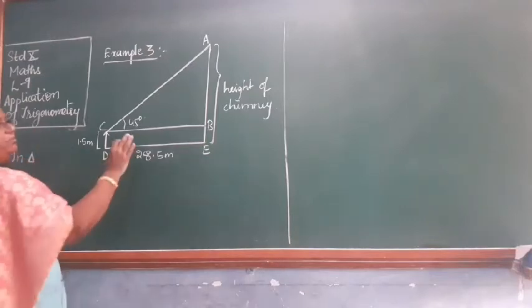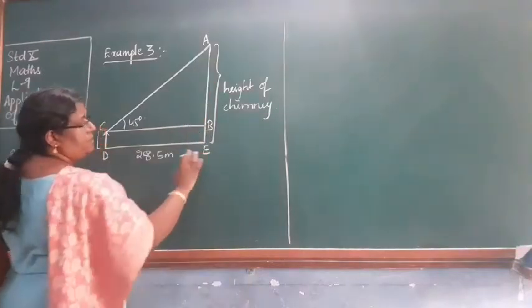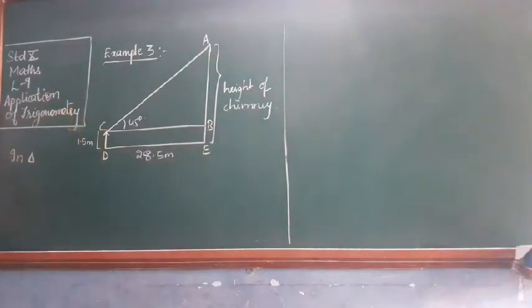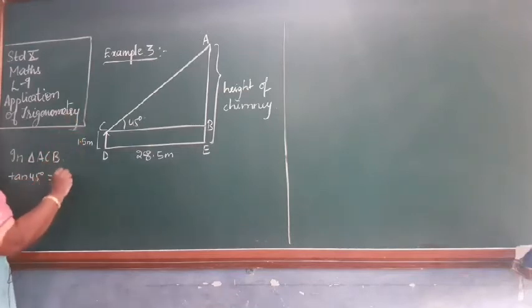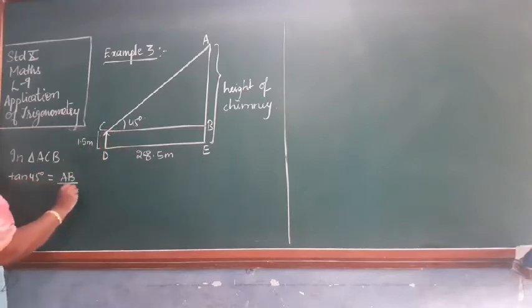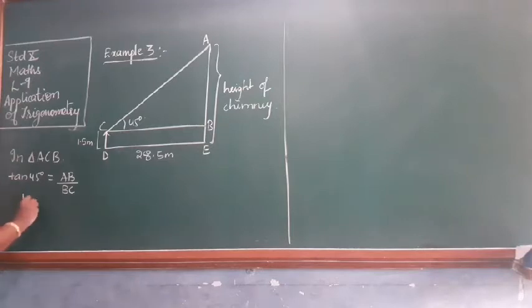Okay, height of the chimney includes AB plus BE. Remember that. So in triangle ACB, we have tan 45 equal to opposite, that is AB, adjacent, that is BC. Tan 45 value is 1. AB we do not have, so write AB as it is.